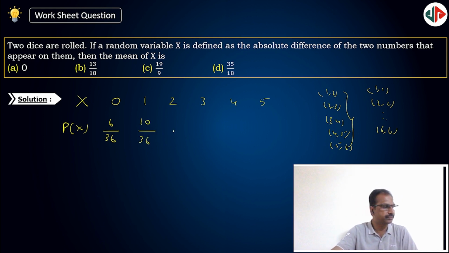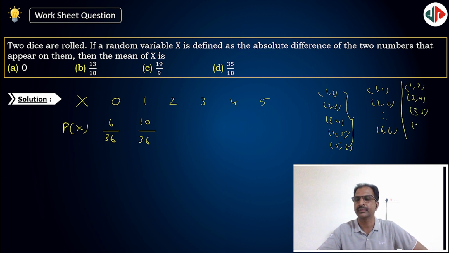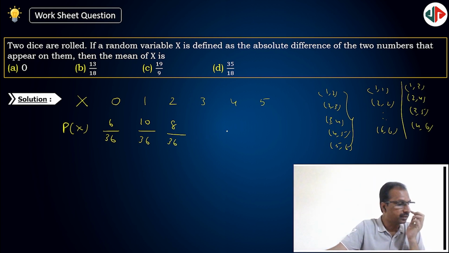Next, difference 2 means 1,3, 2,4, 3,5, 4,6. So 4 cases, and altogether 8. 4 plus 4, 1,3, 3,1. Like this.